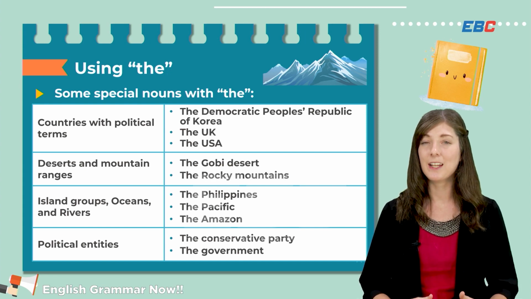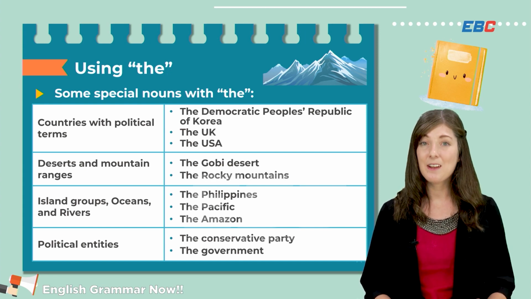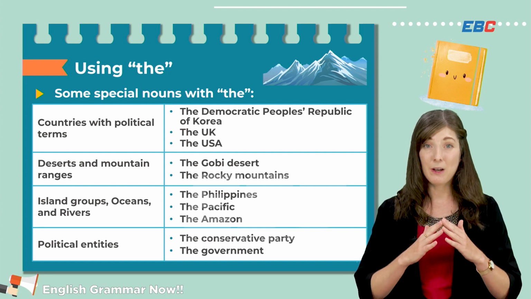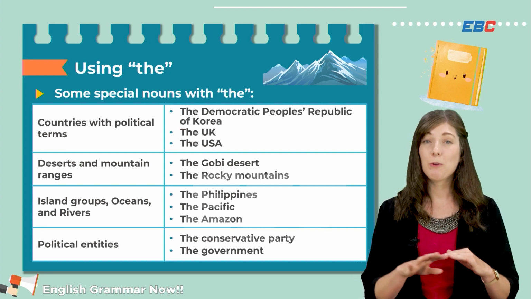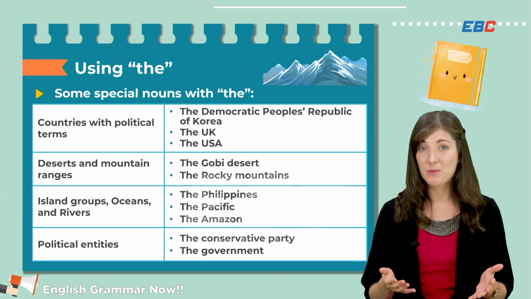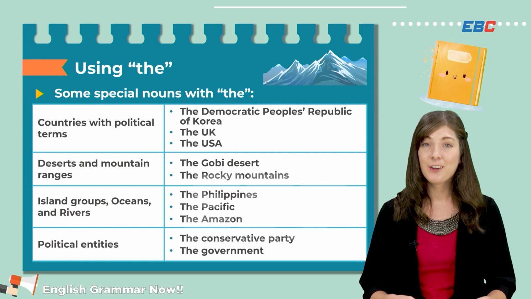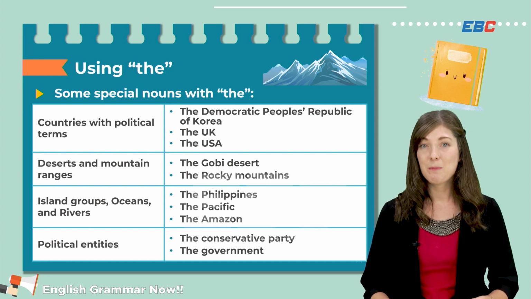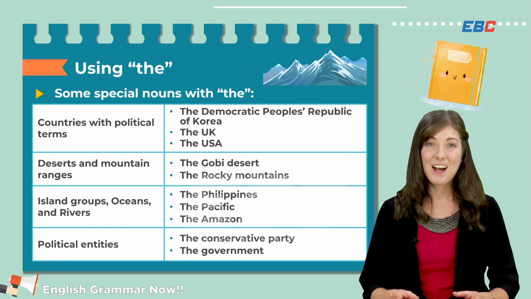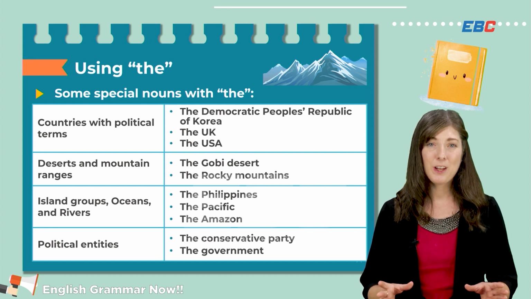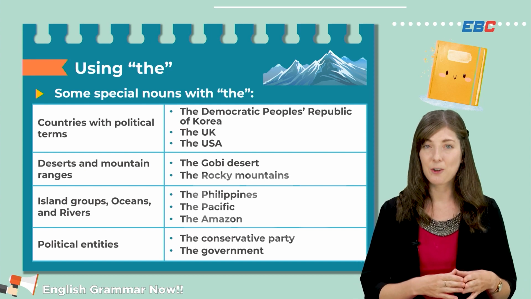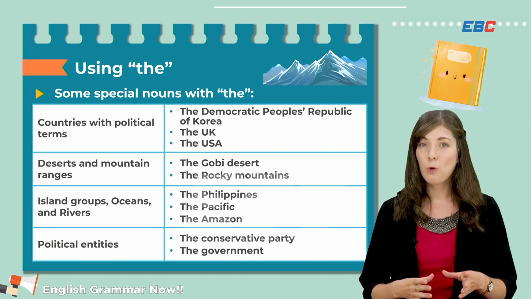Another category is deserts and mountain ranges. Now, this isn't for just one mountain, but if we have a group of mountains, it's called a range, and we use the. So we might say the Gobi Desert, the Rocky Mountains. Another similar group is if we have a group of islands together, or an ocean, or a river.